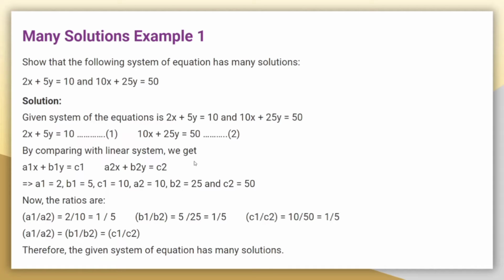Since we have these two formulas already, let's plug in the values. When we compare, we get a1 = 2, b1 = 5, and c1 = 10 for the first equation. For the second equation, we get a2 = 10, b2 = 25, and c2 = 50.